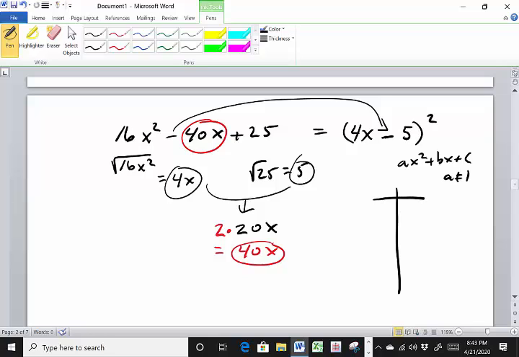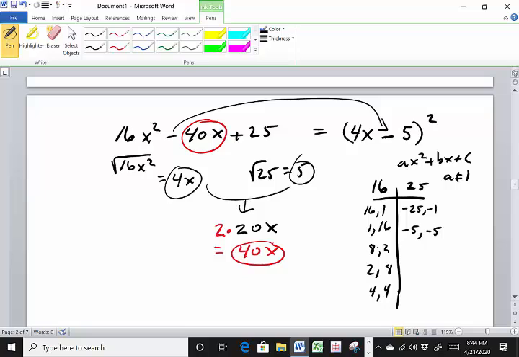So remember that we had to put down the 16 and the 25, and then because the middle term happens to be negative, then the 25 will need to be the product of two negatives. So negative 25, negative 1, negative 5, negative 5. And then 16 will just be 16 and 1, 1 and 16. Remember, we reverse the order. 8 and 2, 2 and 8, and 4 and 4, right?